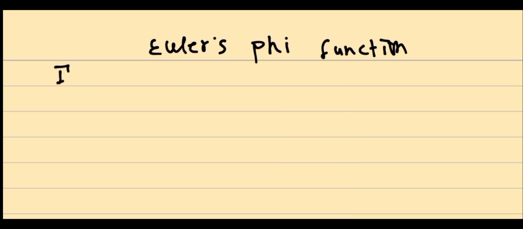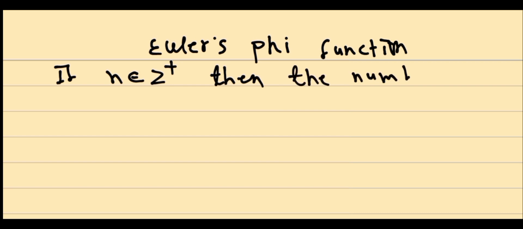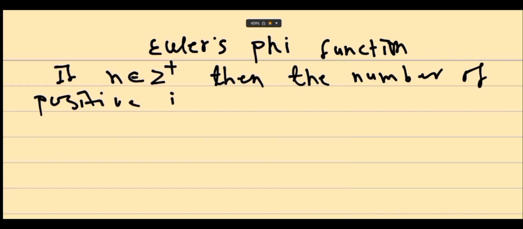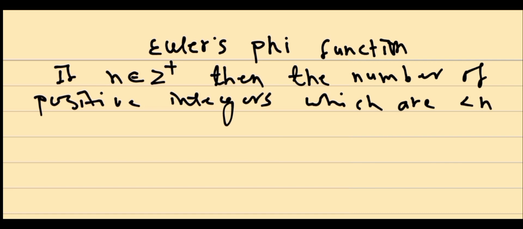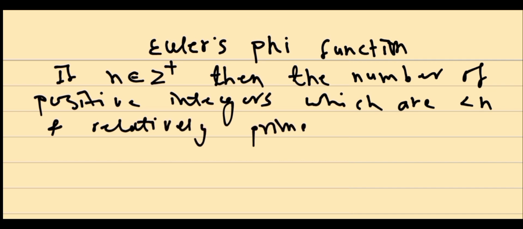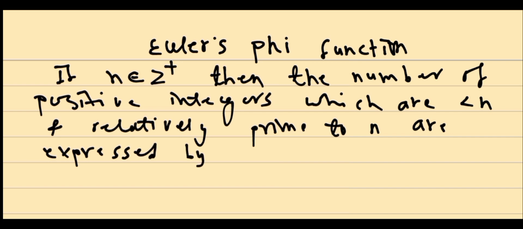This says if n belongs to positive integer, then the number of positive integers which are less than n and relatively prime to n are expressed by Euler's Phi function.